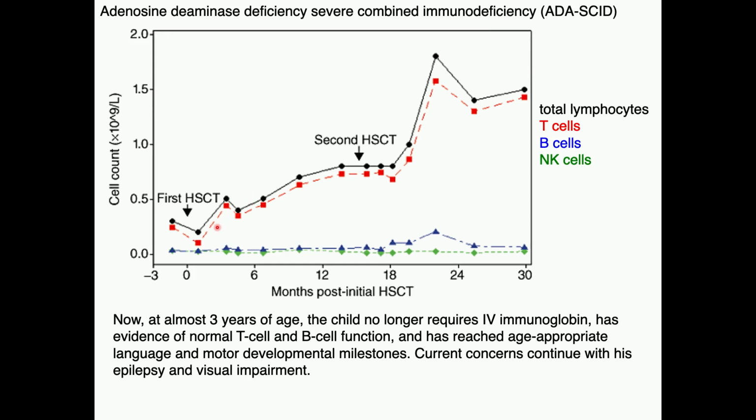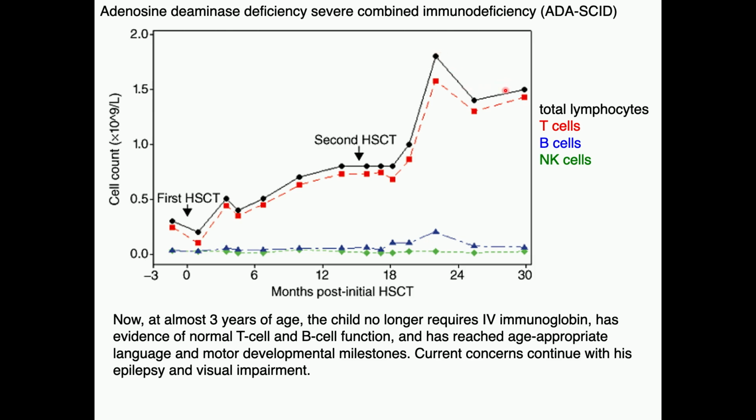And this is the profile of the lymphocytes. So before the hematopoietic stem cell transplant, they were tanking. Then they were increasing, but kind of plateauing here, and then there was a second hematopoietic stem cell transplant, and that resulted in more sustained lymphocyte proliferation.